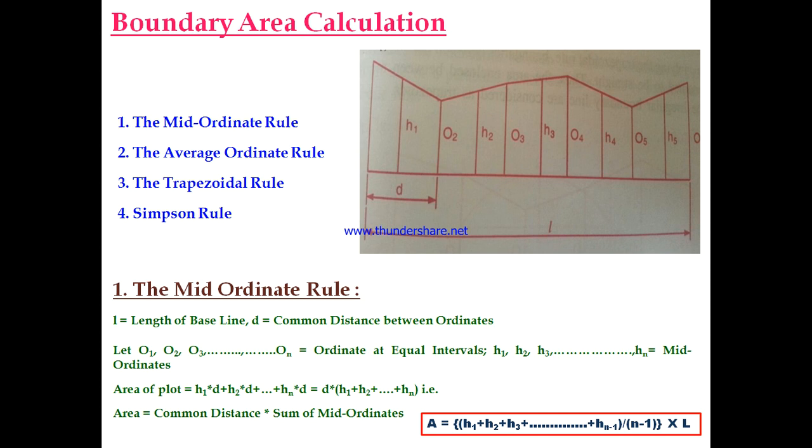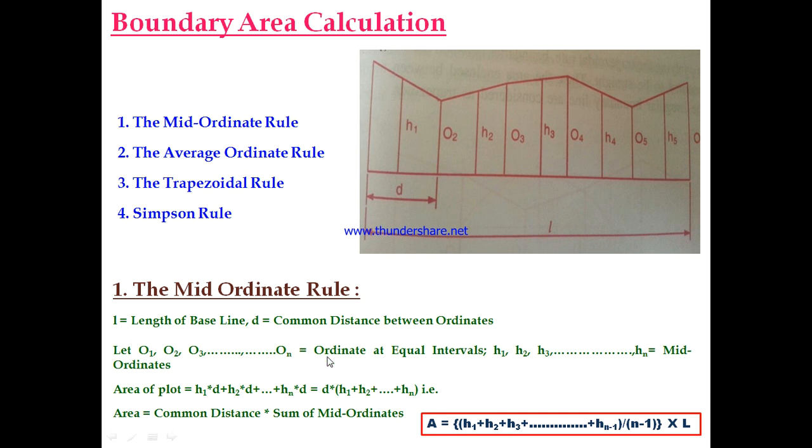Here the mid ordinate will be equal to length divided by number of ordinates minus 1. In this formula, as you can see, H1, H2, H3, H4 are the mid ordinates up to Hn minus 1.